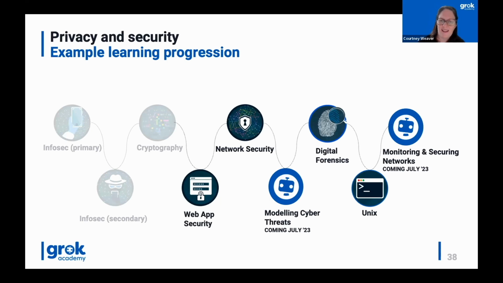And this is a sample progression that you could take students through, when they can go through the web app security, network security, then when the cyber threats course comes live, to take that, then digital forensics, take a look at our Unix course, and then finally moving on to another course that's coming out in semester 2, which is monitoring and securing networks. This would give a really in-depth look at the privacy and security and digital systems aspect of the Year 9 and 10 curriculum if you went through all of these courses.